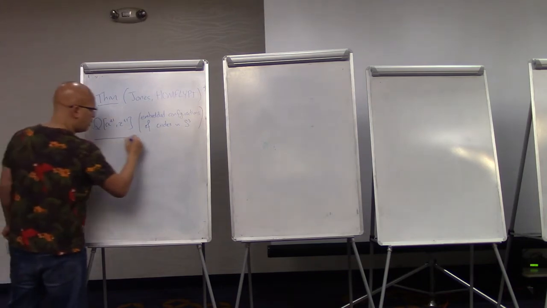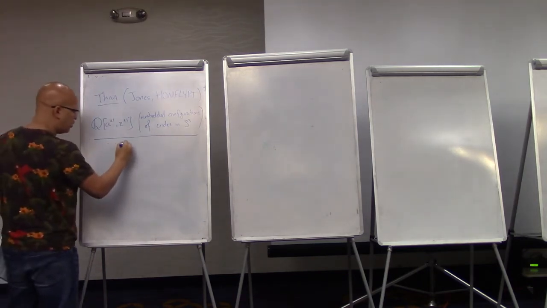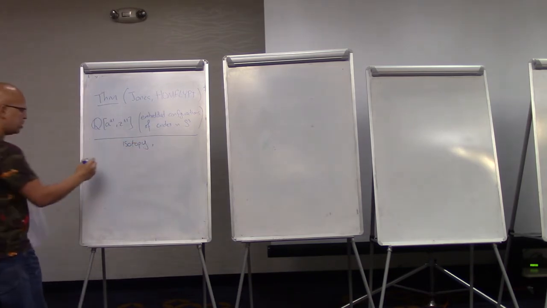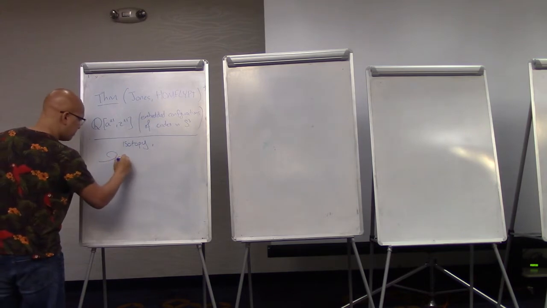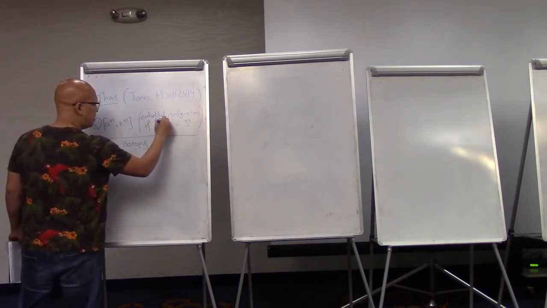And if you take this modulo, first of all, isotopy, and in addition, the following 3 relations. I should say they're framed circles.